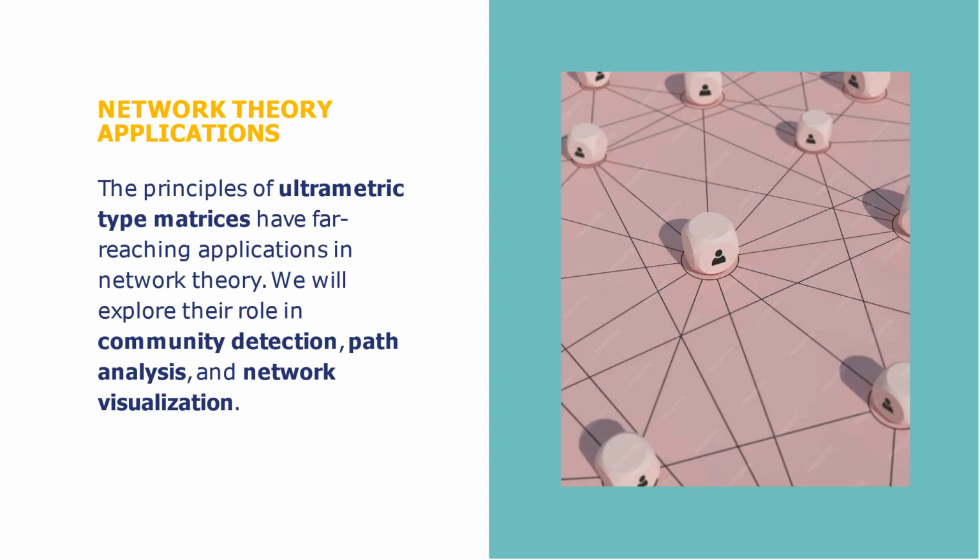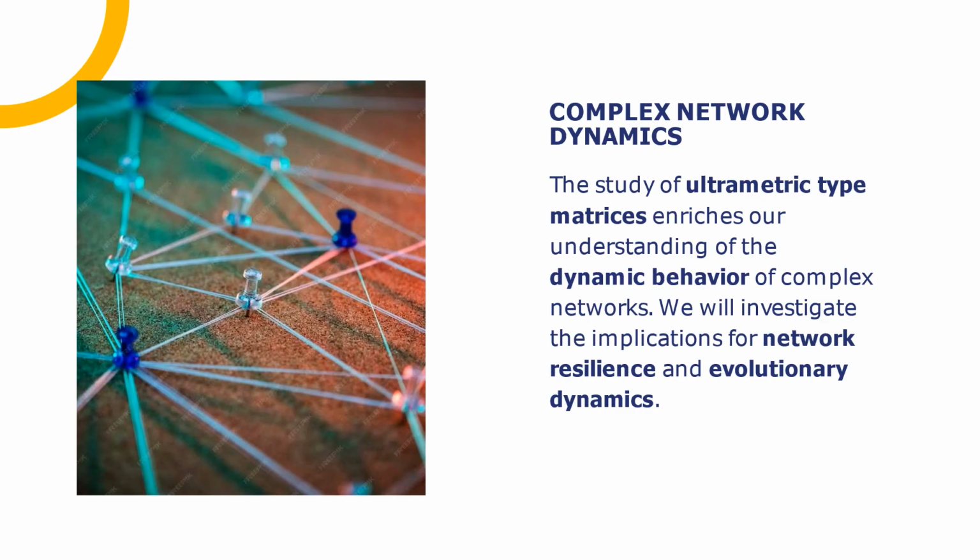Some examples of network theory are: in physics, network theory can be used to model complex systems such as particle collisions, phase transitions, and quantum entanglement. In biology, network theory can be used to analyze the structure and function of biological networks such as gene regulatory networks.